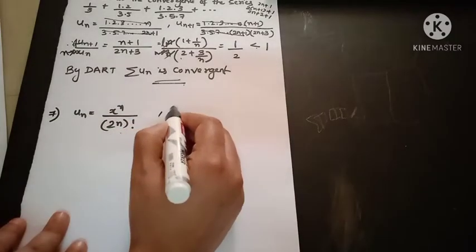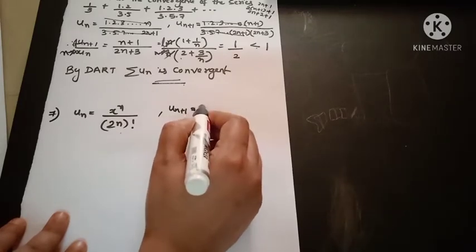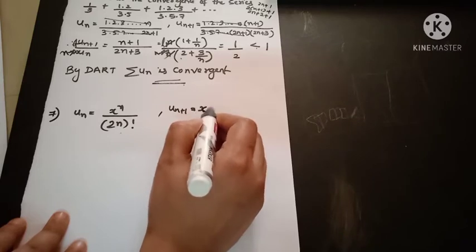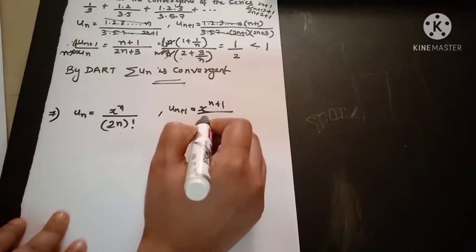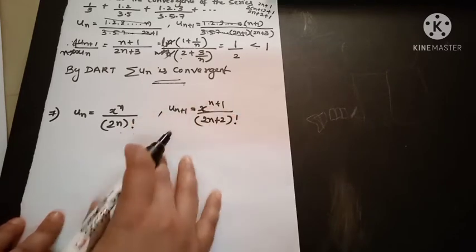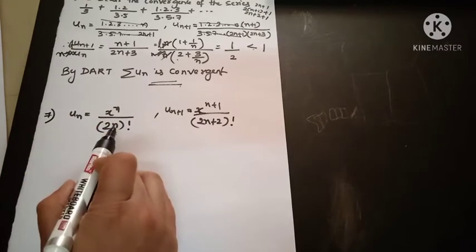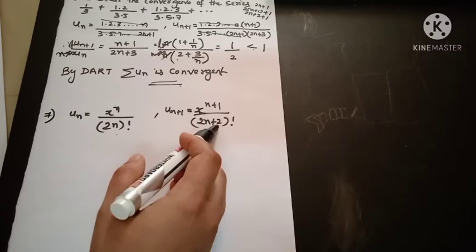So u(n+1) will be x to the power of n plus 1 upon (2n plus 2) factorial, because if you replace n by n plus 1, then that will be 2n plus 2 factorial.